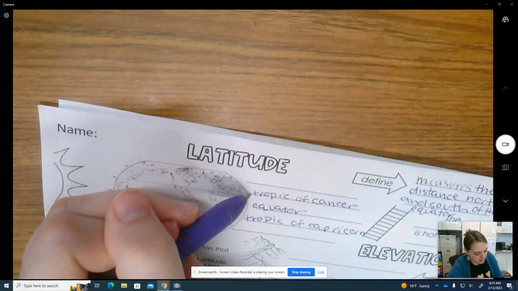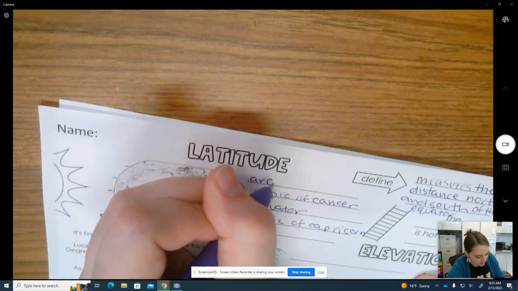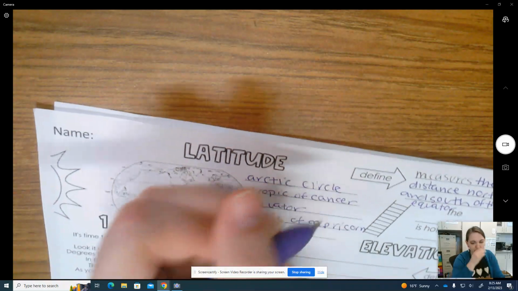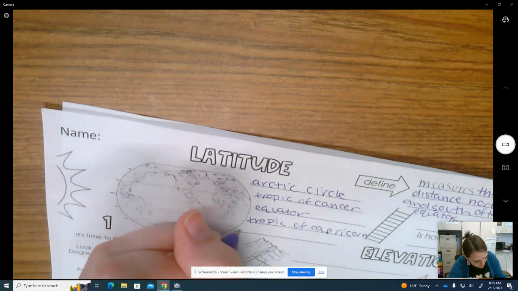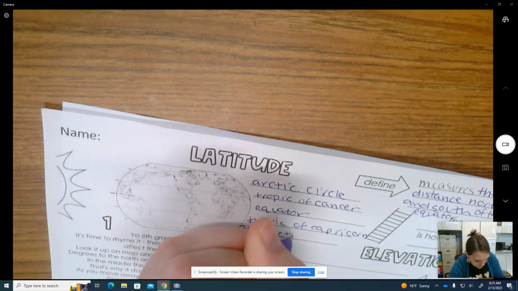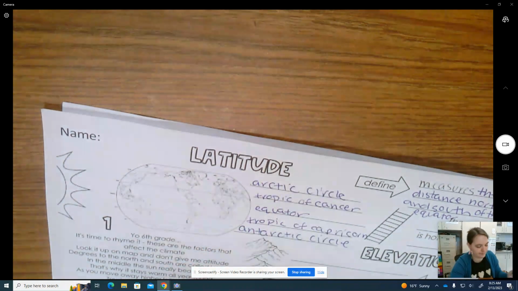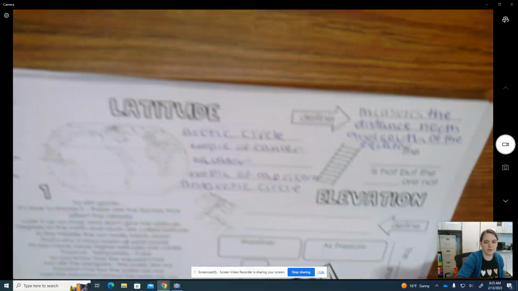And then the line north of the Tropic of Cancer is called the Arctic Circle. And then the line south of the Tropic of Capricorn is called the Antarctic Circle. Okay. So there's that.